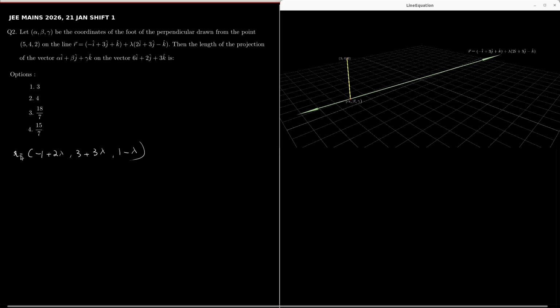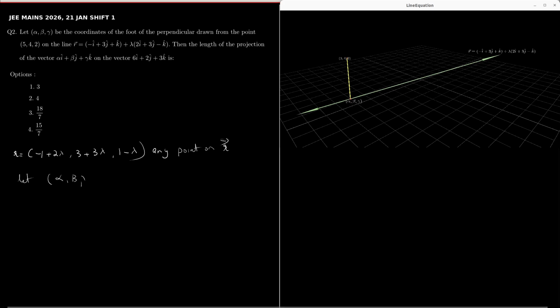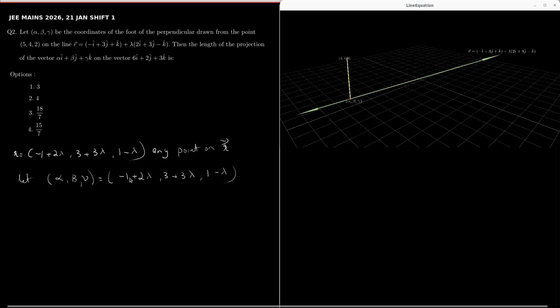So any point on R can be written like this. So let our alpha, beta, gamma point, that is the foot of the perpendicular, be this point: minus 1 plus 2 lambda, 3 plus 3 lambda, 1 minus lambda.